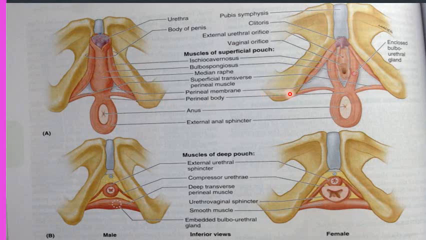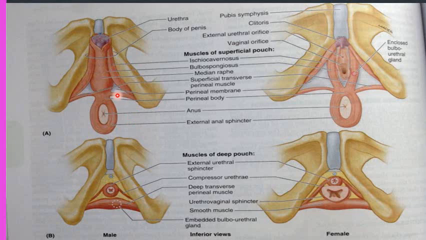This interischial line is the posterior most line of the perineal membrane, and it divides the urogenital region anteriorly and the anal triangle posteriorly.